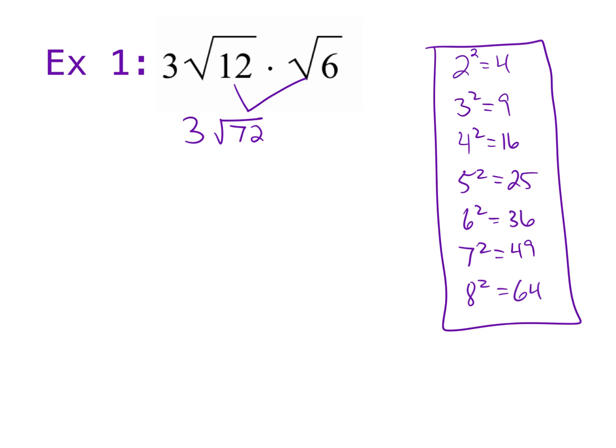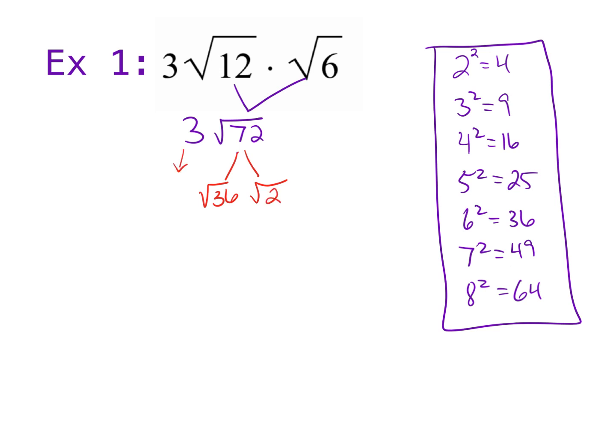So 9 will go into it, and you can do it, it's just going to add extra steps. 36. So yep, this can be broken down as square root 36. And 72 divided by 36 is how much? 2. So keep my square roots.